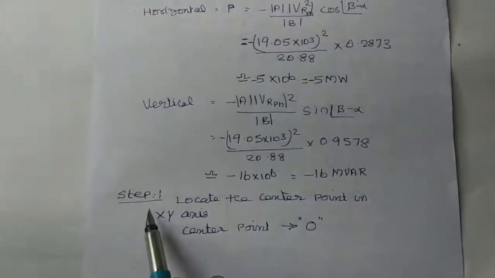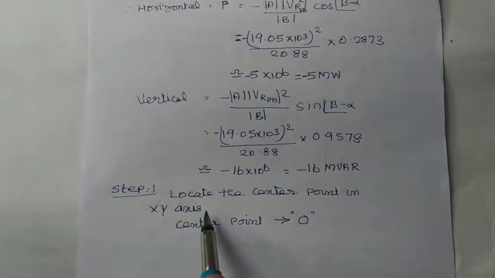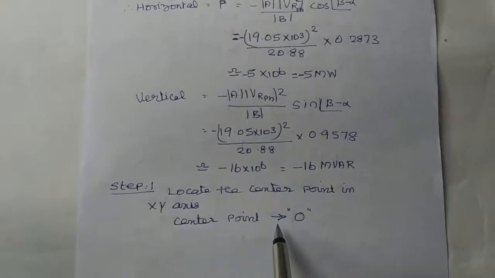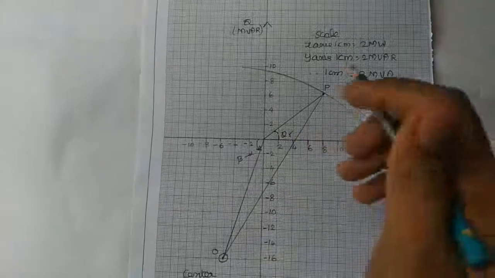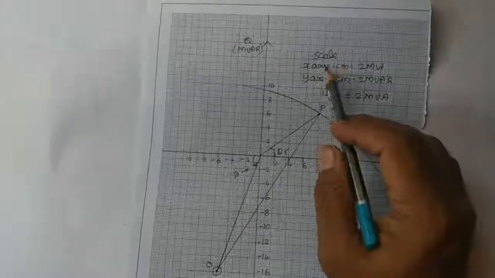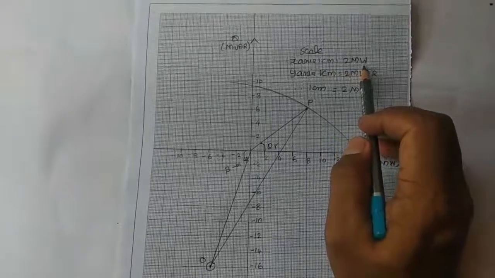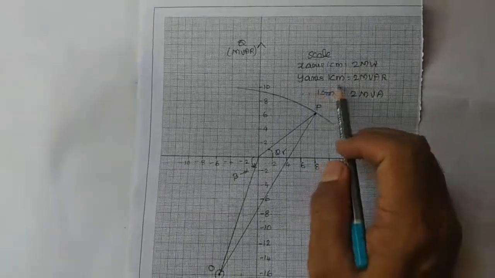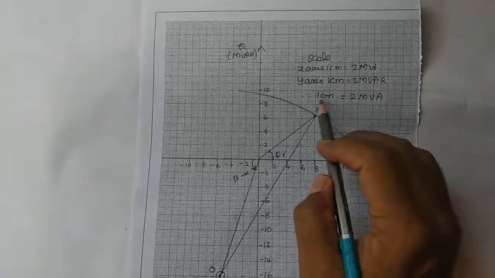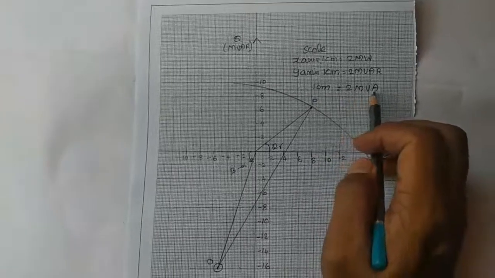In step 1, locate the center point in the XY axis on an ordinary graph sheet. The center point is marked as O. Take a graph sheet and mark the x-axis 1 centimeter equal to 2 megawatt, and the y-axis 1 centimeter equal to 2 megavar, so that in the total graph 1 centimeter equals 2 MVA.